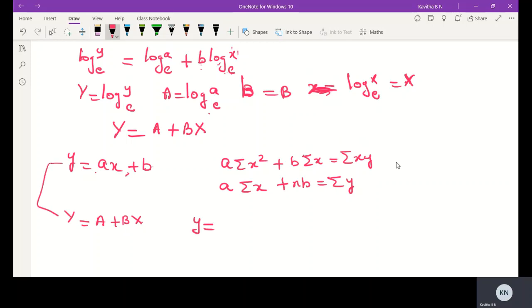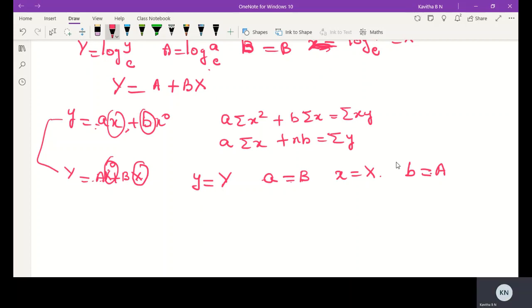In place of small y, write capital Y. The coefficient of x is a in the first equation, and the coefficient of capital X is b here, so in place of a, write capital B. In place of small x, write capital X. The coefficient of x to the power of 0 is b, and here the coefficient of capital X to the power of 0 is capital A, so in place of b, write capital A.